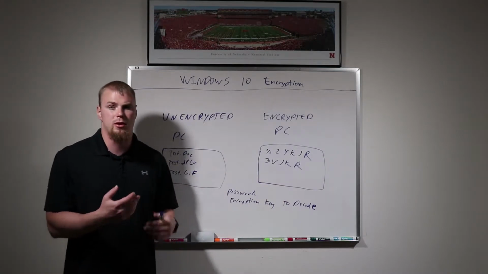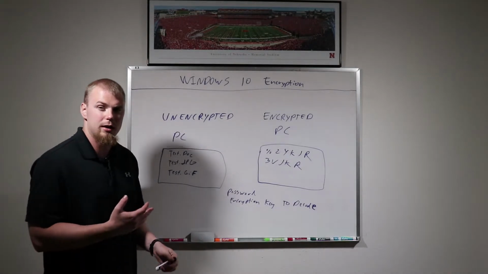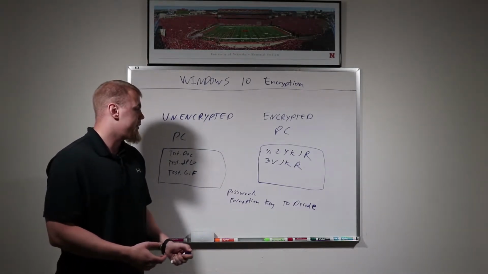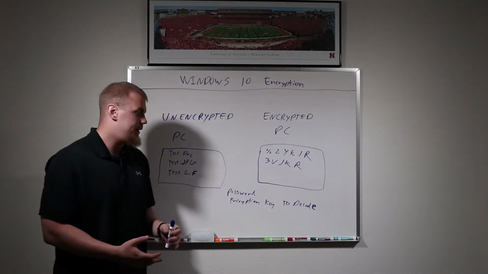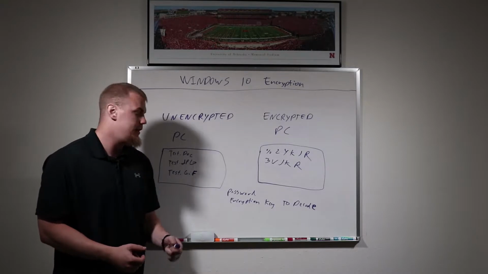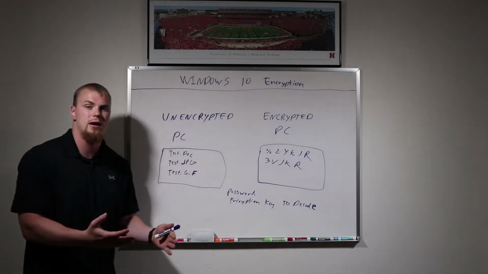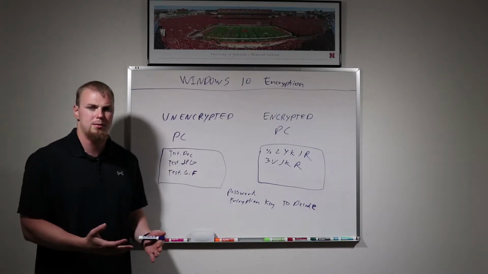It's just garbage, gobbledygook. There's an encryption algorithm that is used to make this gobbledygook, and the only way to read that is to decrypt it and use the password that you gave it, or use the encryption key that it gave you. So that's kind of an example of encryption.